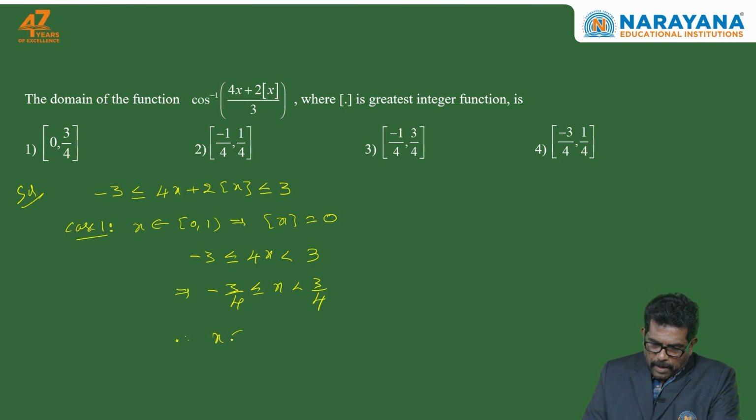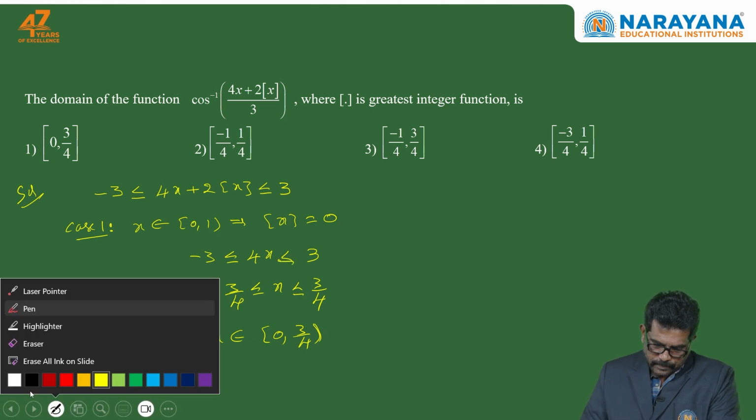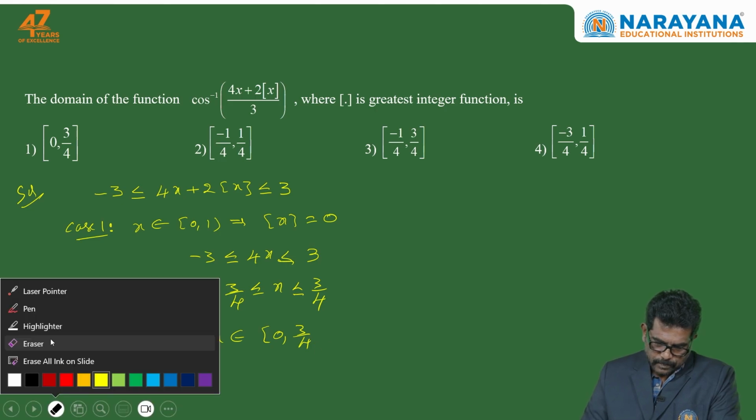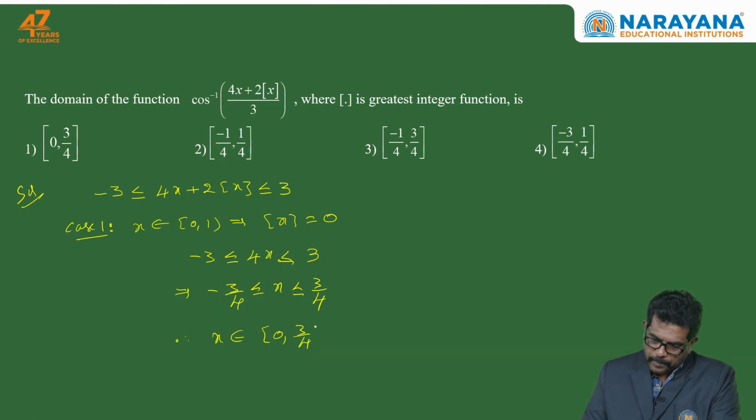Therefore, by combining these values, x belongs to 0 to 3 by 4, where 3 by 4 is included here, because it is less than or equal to, and less than or equal to means definitely it is included. So [0, 3 by 4].